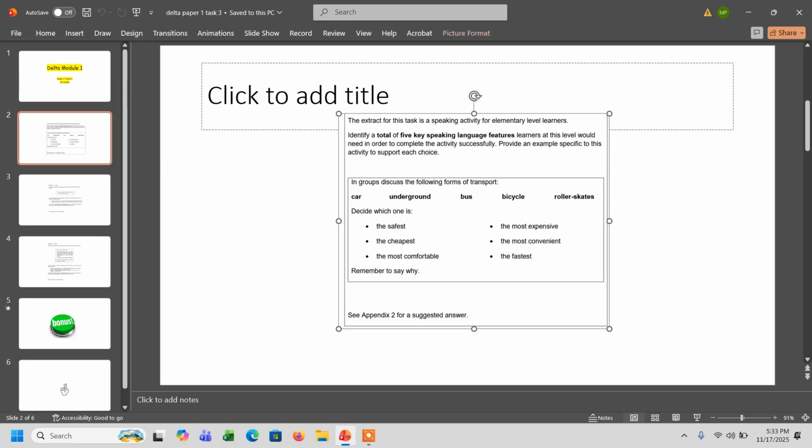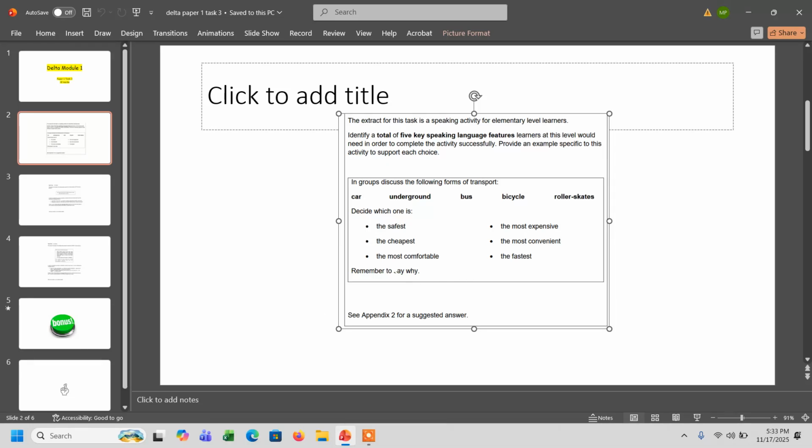For teachers, I think you can see it is for the elementary level learner here. You need to discuss 5 forms of transport and decide which is the safest, fastest, cheapest, and so on. And they must remember to say why. So read the rubric, the question, very, very carefully.